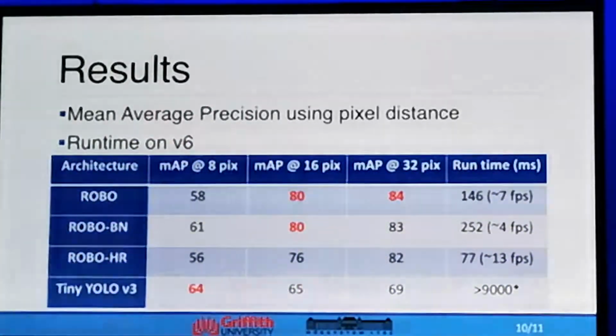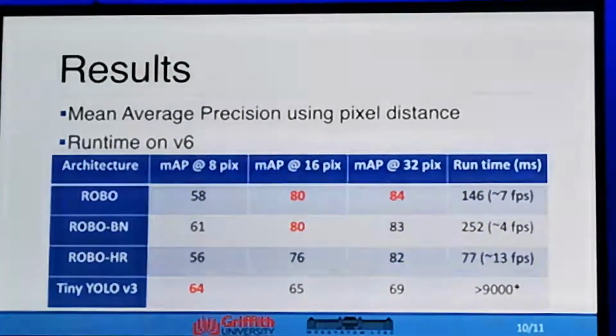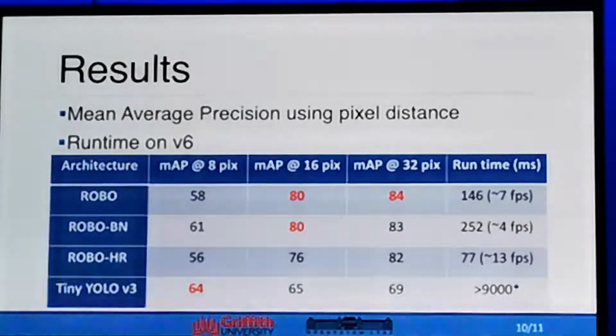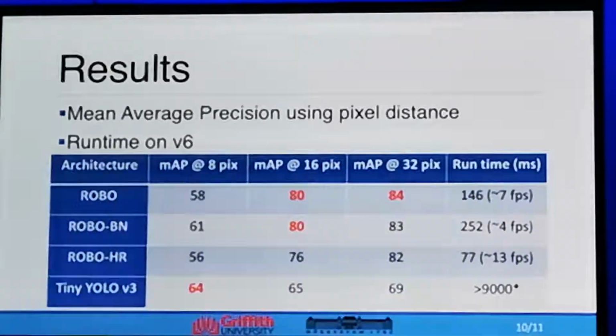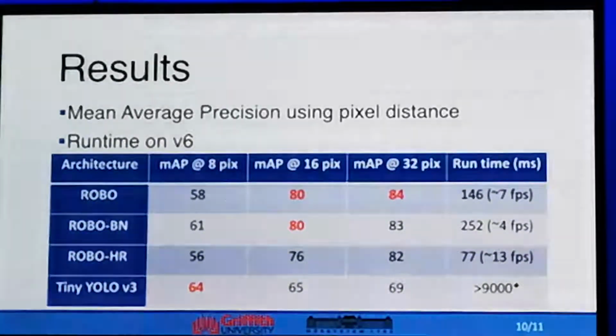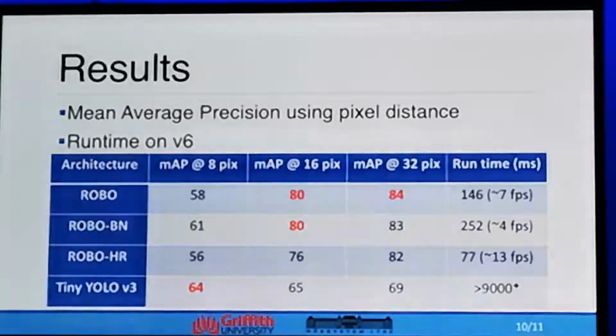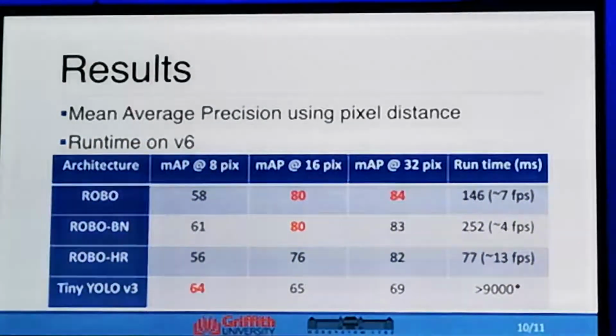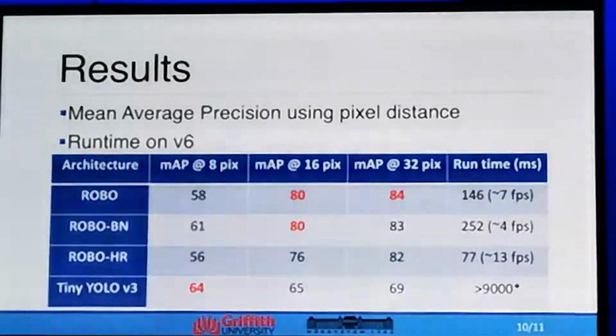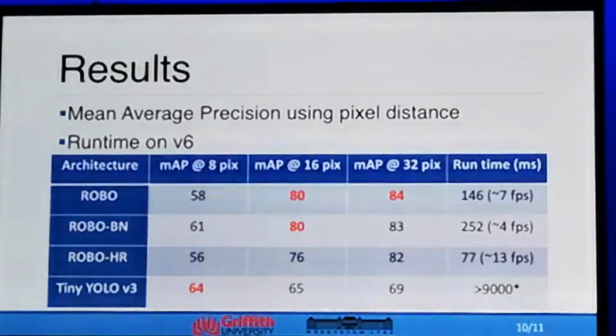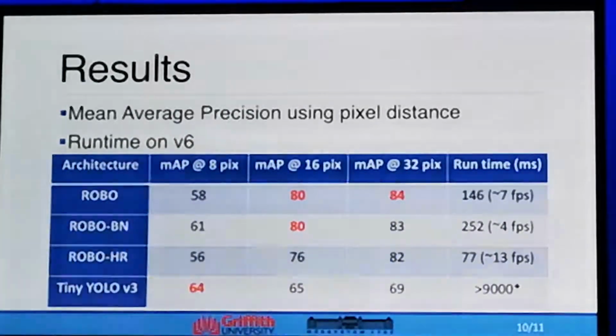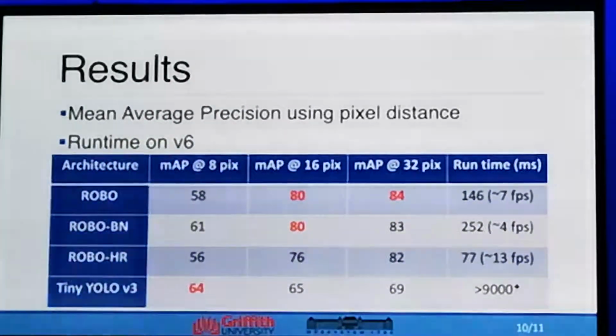So what you can see is that Tiny YOLO is slightly better than our models on relatively strict localization requirements, but as we loosen to a medium level of strictness or a really loose localization requirement, then our models start to outperform Tiny YOLO quite a bit, which leads us to conclude that our models are better at telling whether there's an object in a certain position or not. They're just not as good at localizing it accurately, which is arguably the less important of the two things.